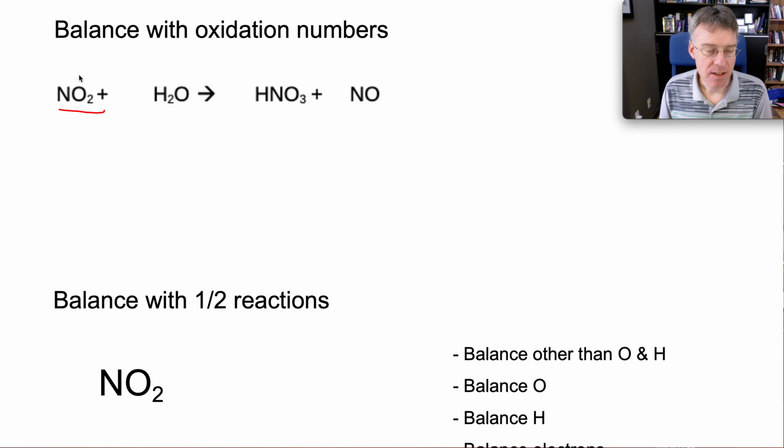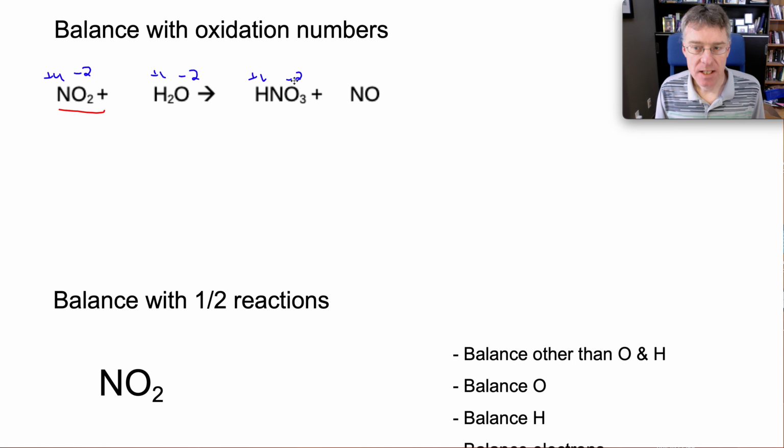And to see its disproportionation, we've got oxygen, that's -2. This N has to balance those 2 O's, so that would be +4. We've got water, +1, -2. We've got nitric acid, so +1, -2, and then you have to figure out the nitrogen.